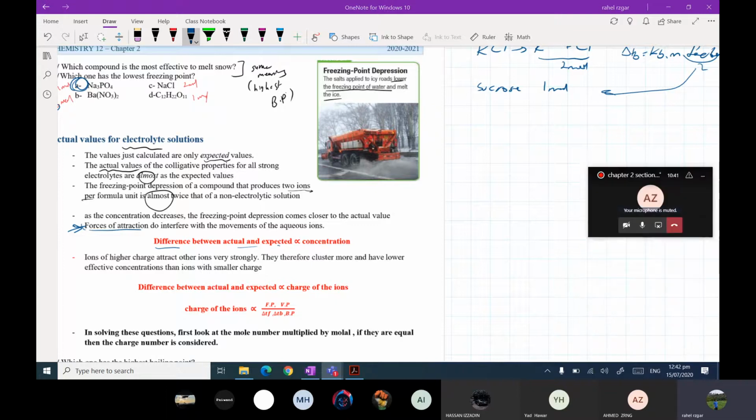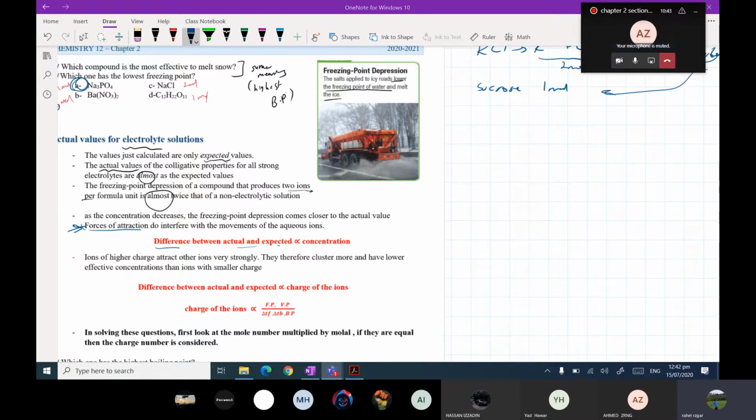Let me draw you a graph in order to understand better about actual and expected. Let's say this is the boiling point at 100 Celsius. This is a scale for temperature, in Celsius. For KCl, we expect something like this, let's say it's 102.